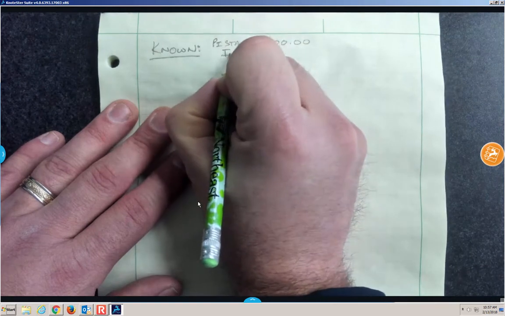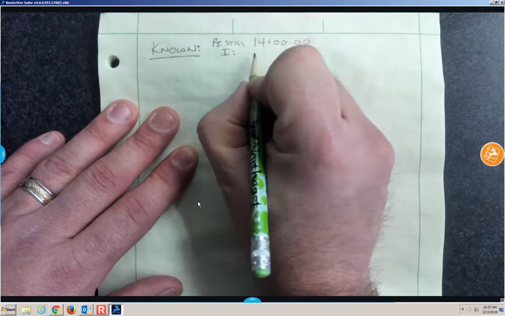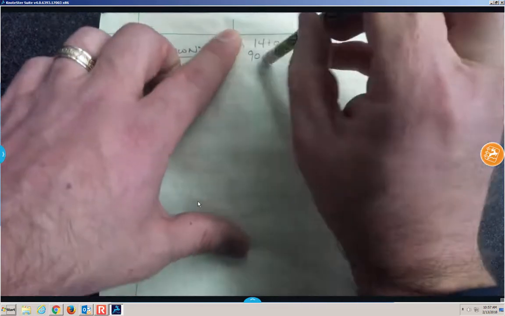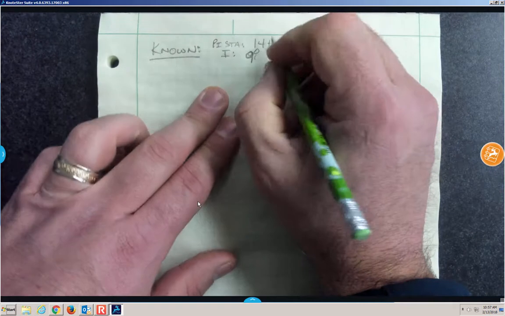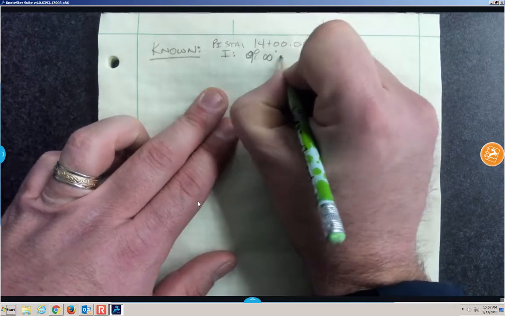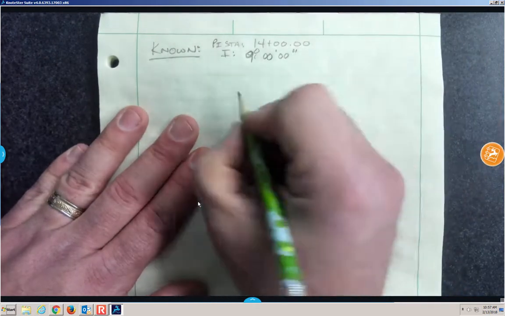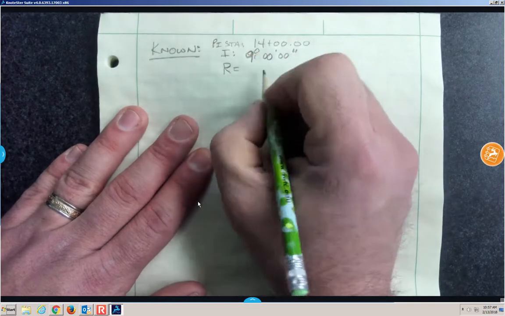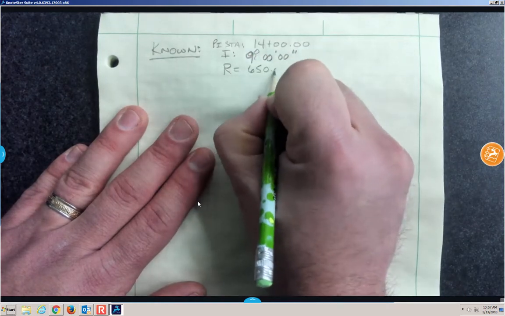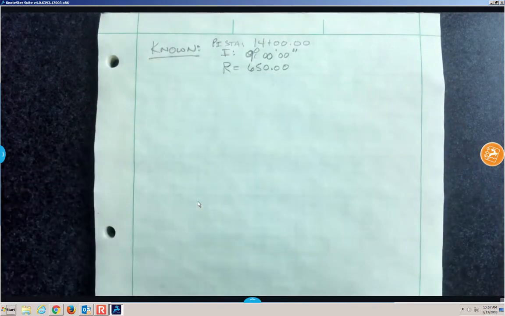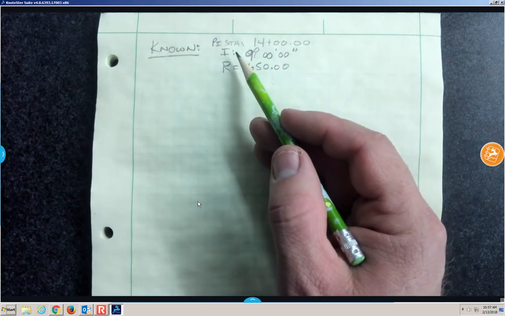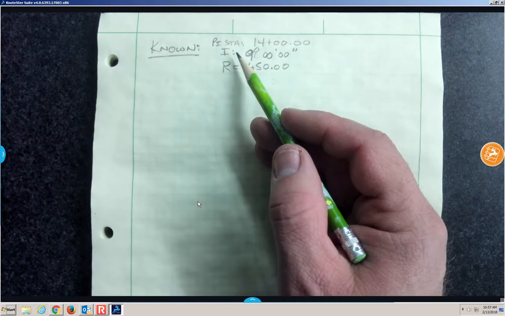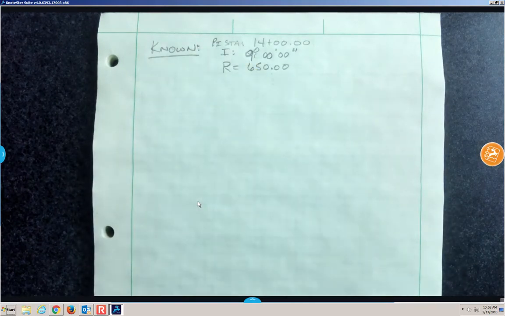The I that they give us is 9 degrees, 00 minutes, 00 seconds, and the R is 650.00. 650 feet is the radius. So I stands for what again? The intersection angle.